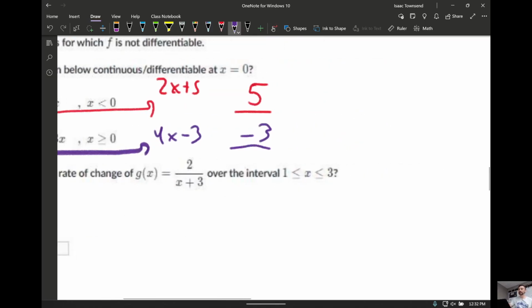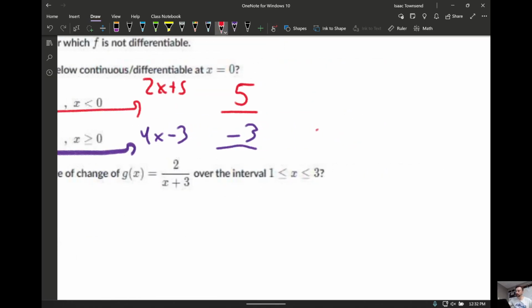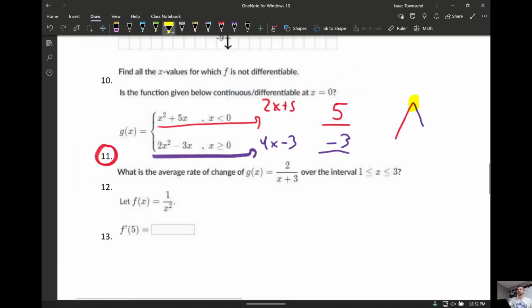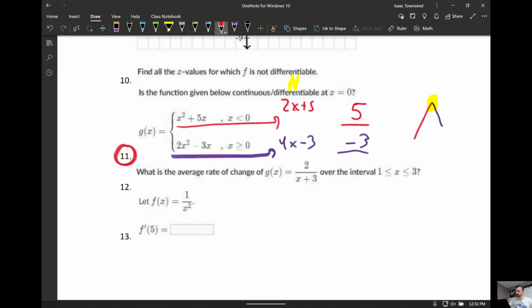And if at an instant your slope is going from +5 to -3, do you see how you have a cusp at that point? Which means it is not differentiable. You can't take the derivative at a cusp. So you have to compare the slopes from the left and from the right. Compare the derivatives from the left and from the right.